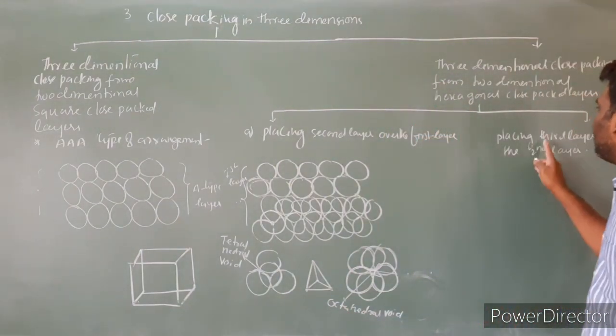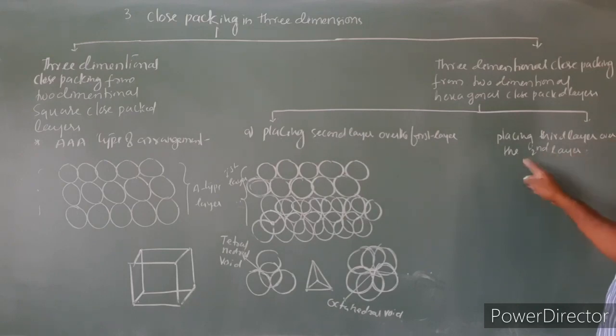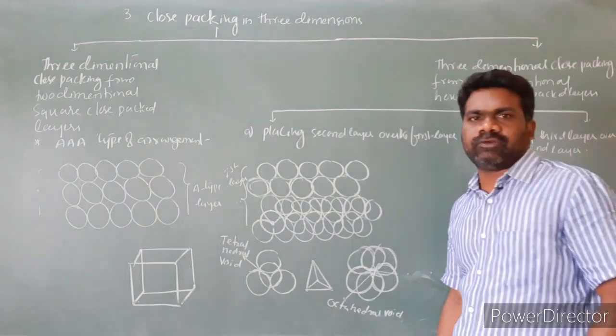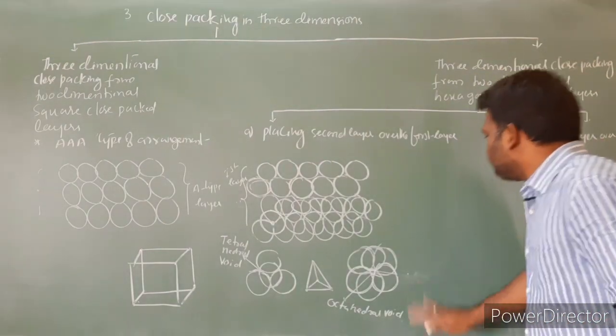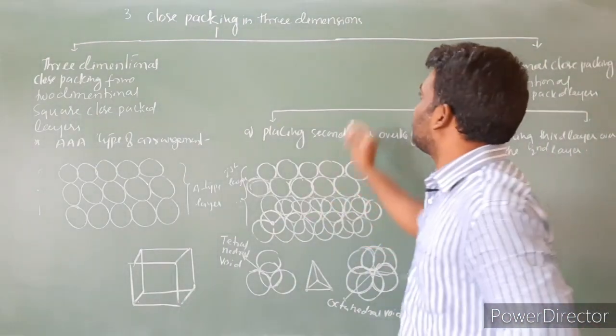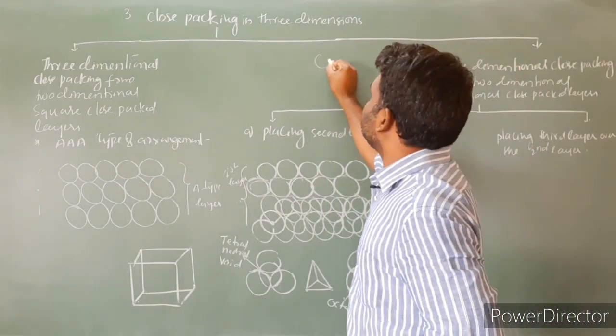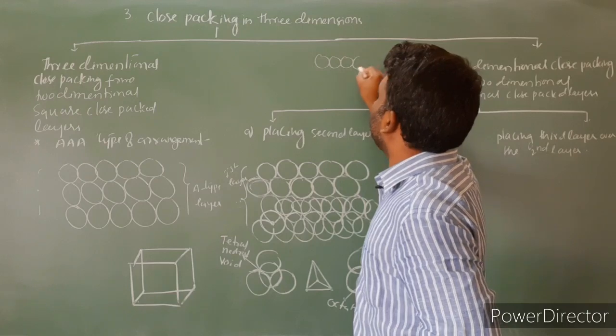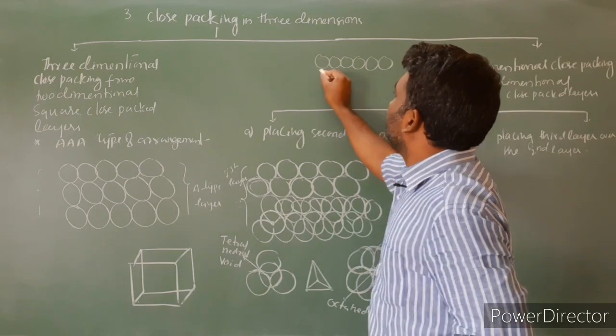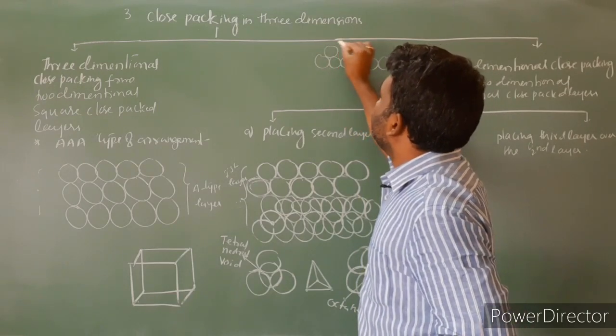Next, placing the third layer over the second layer. So first I'm taking a hexagonal close packed structure and rewriting it. I'm taking the first row, and this is the second row.